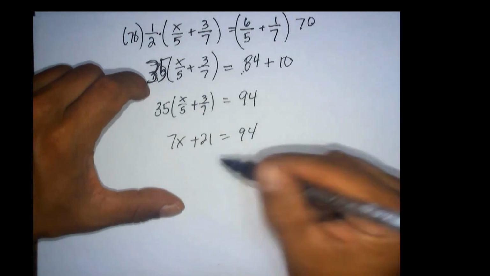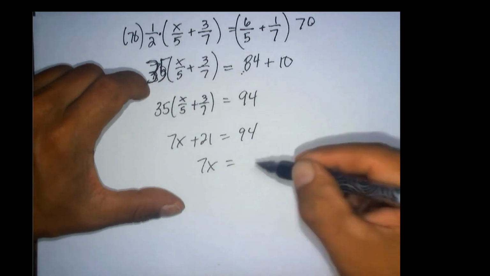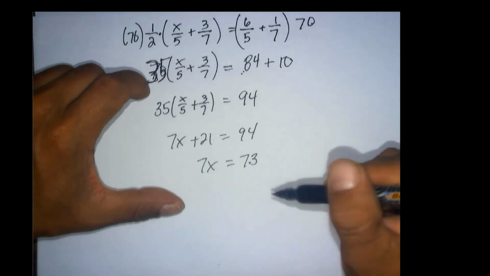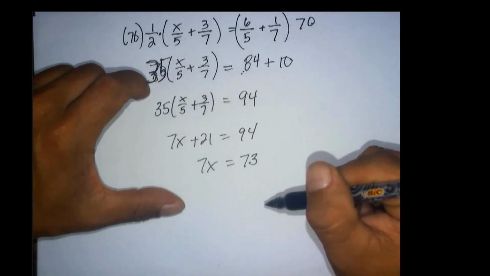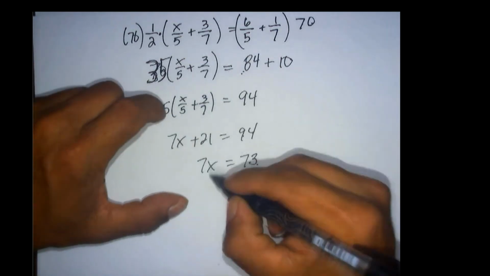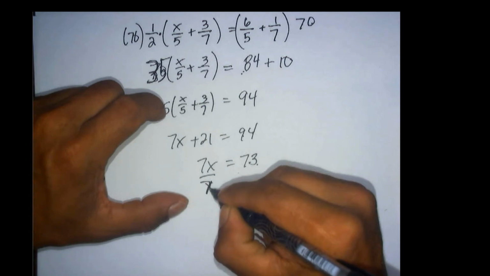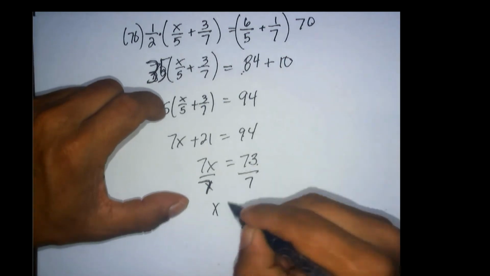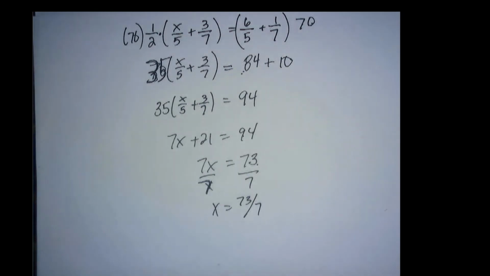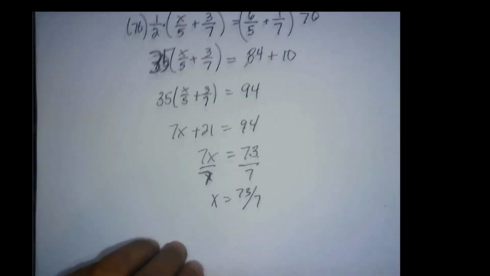Subtract 21 from both sides, you get 7x equals 73. 73 is prime, so the answer is 73 over 7. Ew, big yike. So I picked a good numerator by accident.